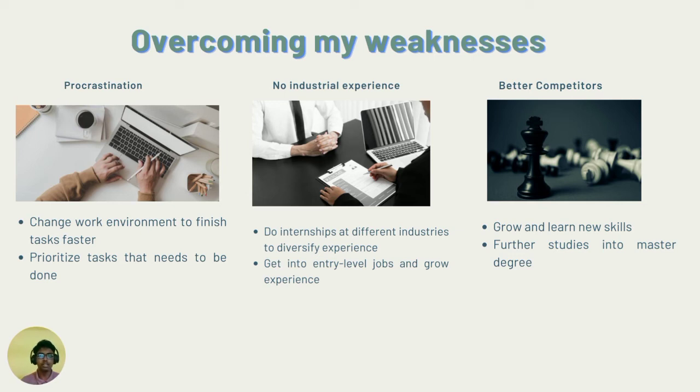Say, I can go to places such as coffee shops or libraries to do my assignments, so that I'll have the motivation to do it there. I can also switch off my phone to avoid distractions so that I can continue doing my task. Apart from that, I can also prioritize my tasks. I can have a list of tasks from the most priority to the least priority and get them done one by one and eventually finish them.